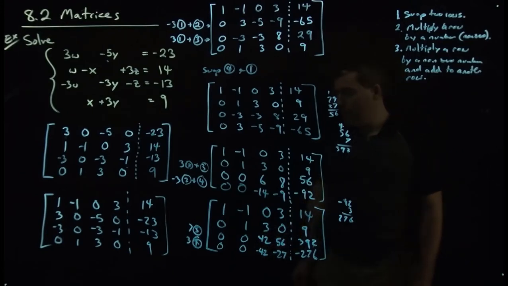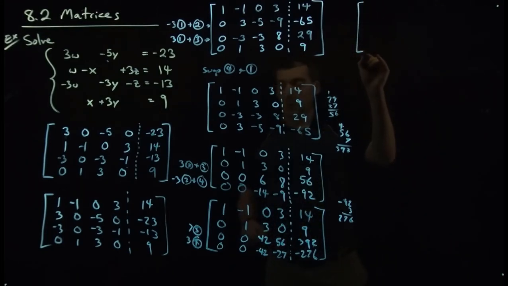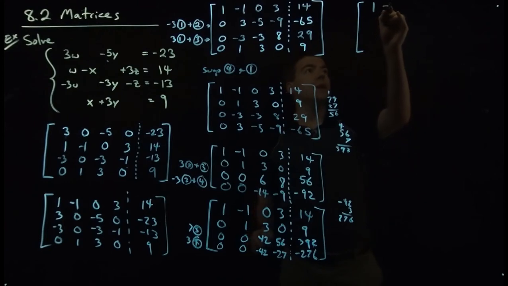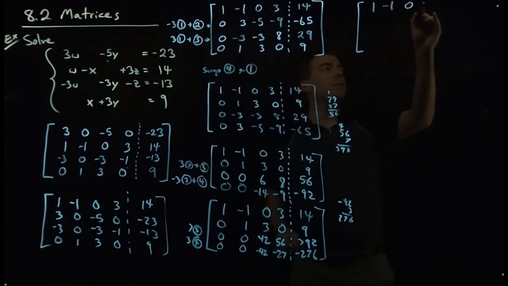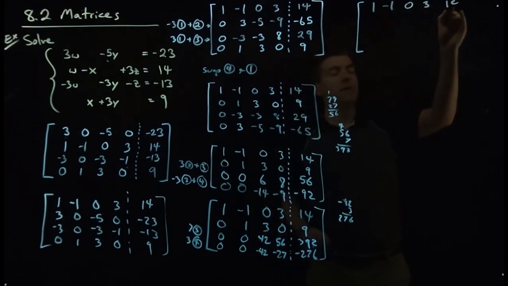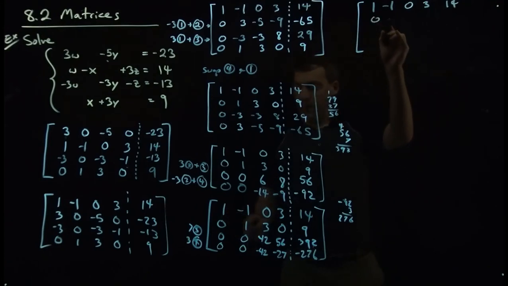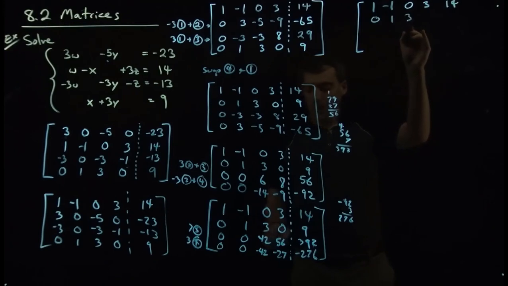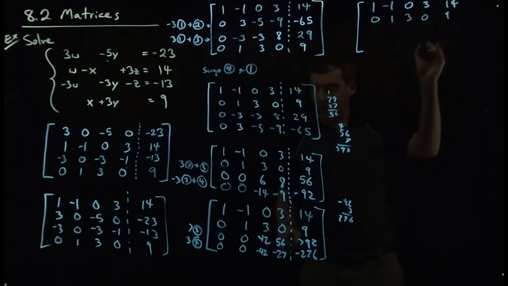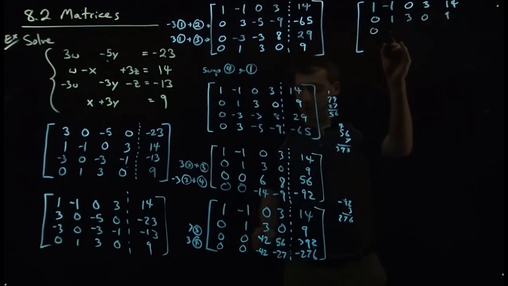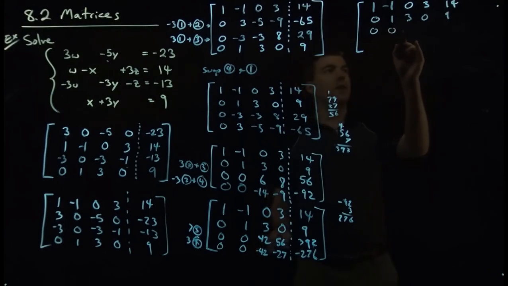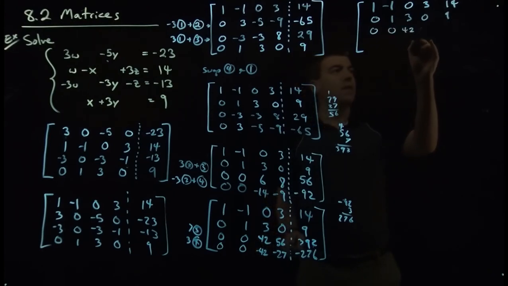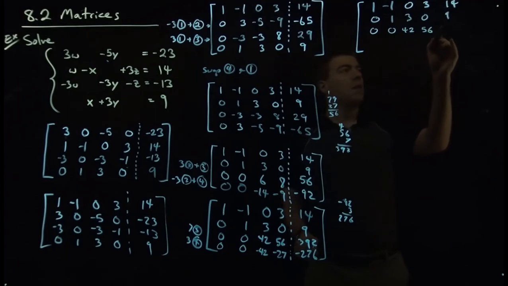this eliminated. So at the top here, we'll have 1, negative 1, 0, 3, 14, 0, 1, 3, 0, 9, 0, 0, 42, 56, 392.